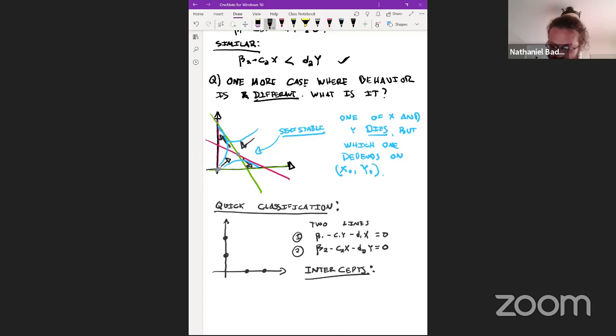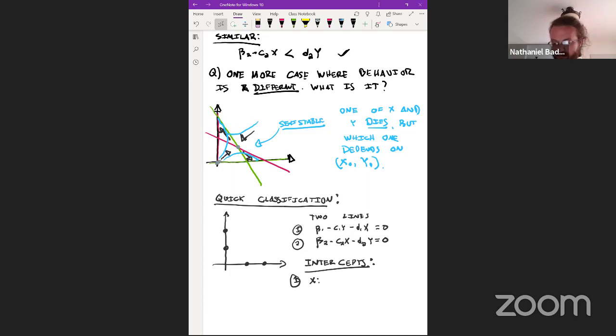So the intercepts for line 1 are: the x equals 0 intercept is going to be when y equals beta 1 over C1, and the y equals 0 is going to be when x equals beta 1 over D1.